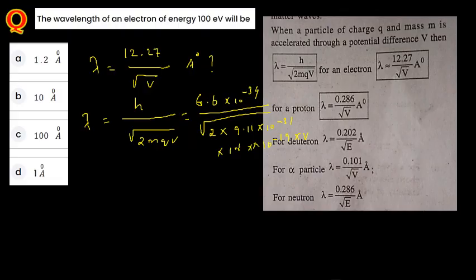If you multiply all the values and cancel, what you are going to have here is this formula.